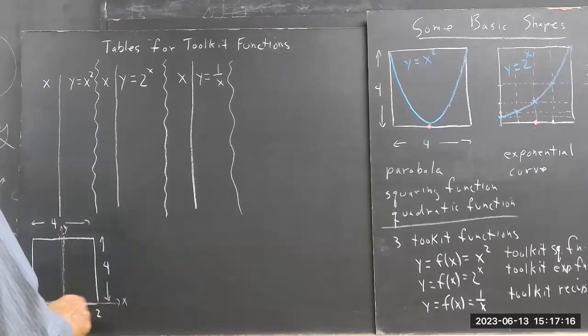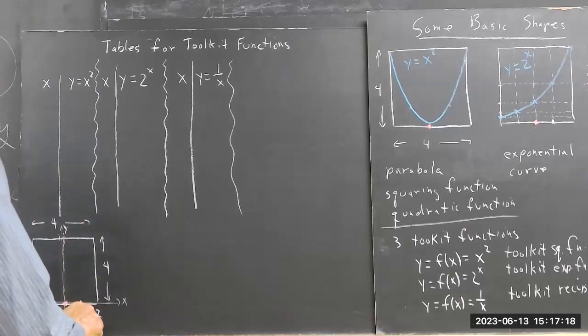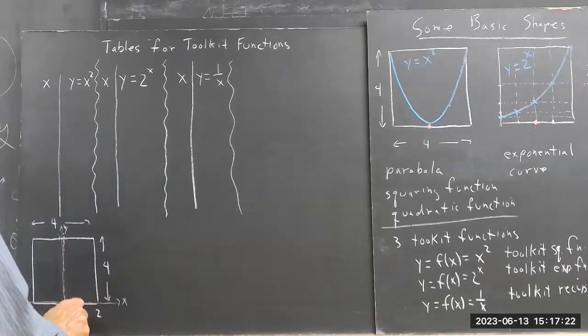Of course, halfway between 0 and 2 is, well, everybody knows that's 1. And what's halfway between 0 and 1? That's where 1/2 is. And between 0 and -2, we cut this interval in half. We get -1. We cut the interval from 0 to -1 in half, and we get -1/2.